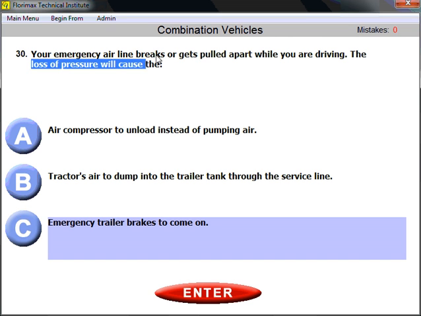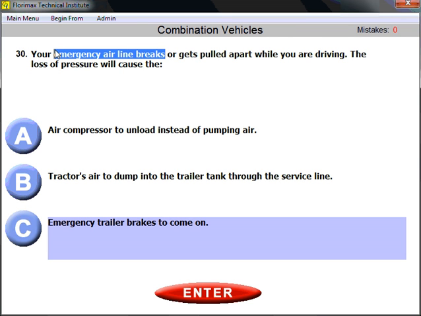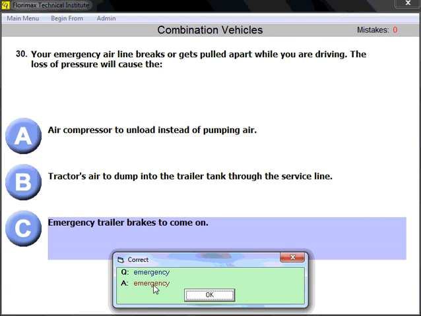It's called emergency because it reacts to a serious emergency problem. Emergency airline problem causes the emergency trailer brakes to come on.